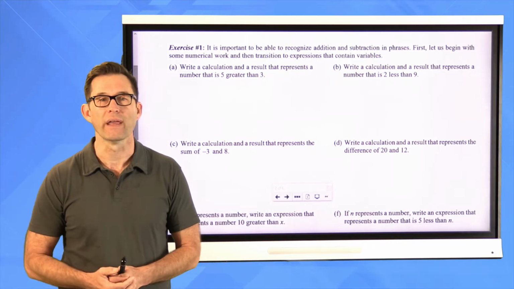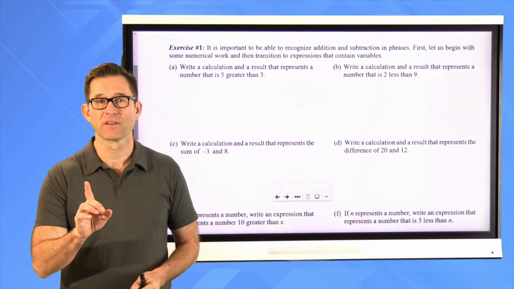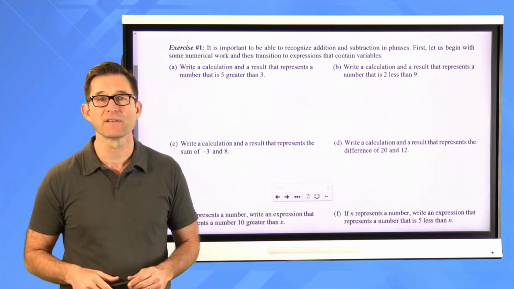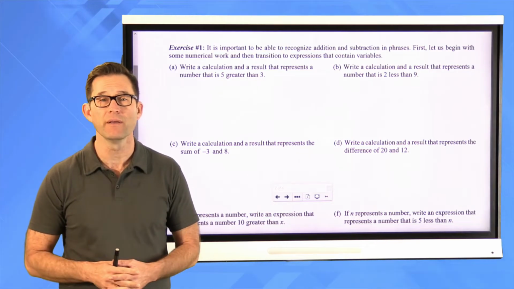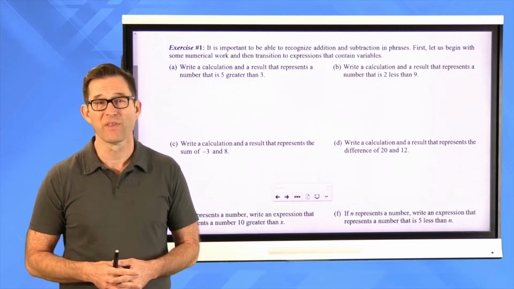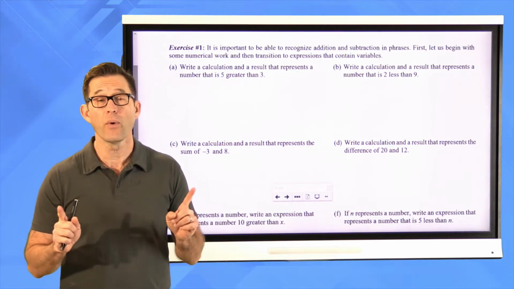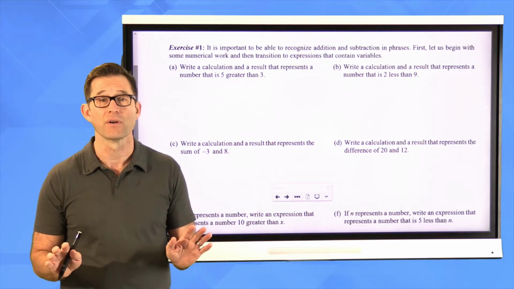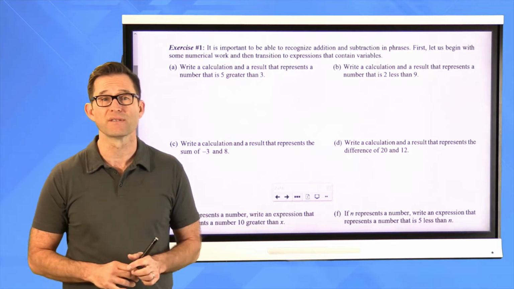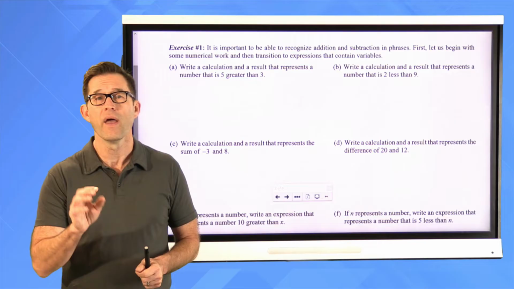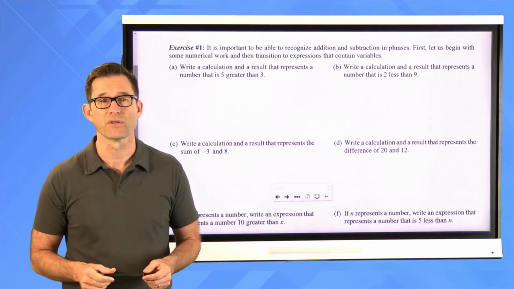All right, great. I'd like you to write down an expression that you think represents a number that is 5 greater than 3, and then obviously come up with the answer, which is pretty easy, and I'm sure you can do it in your head, but it's not the point. The point is not the final answer. The point is actually the expression itself. So pause the video now and try to write down a simple expression.